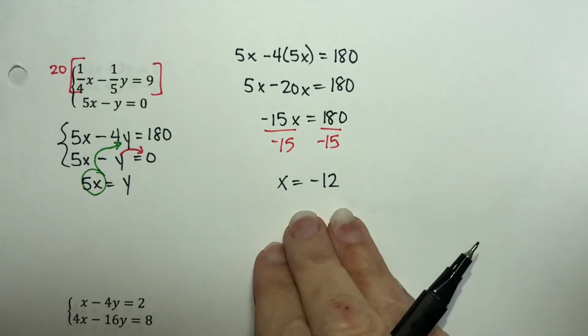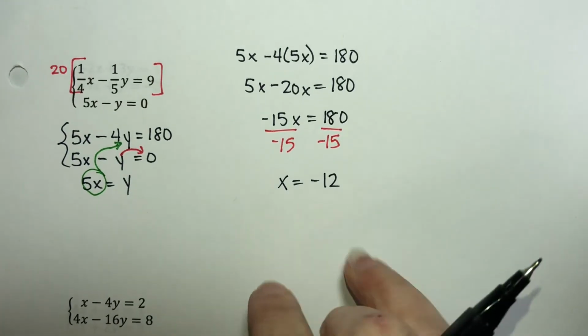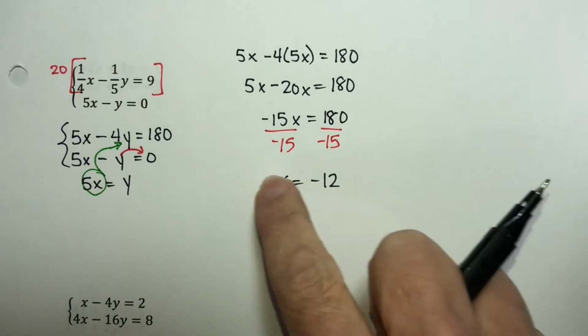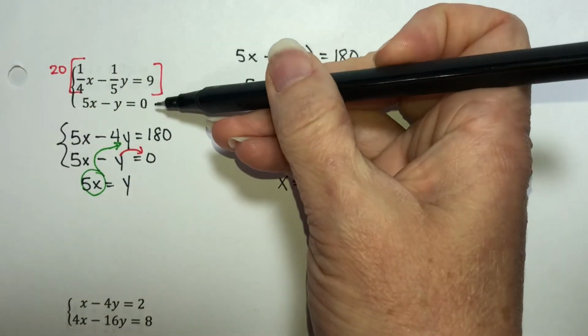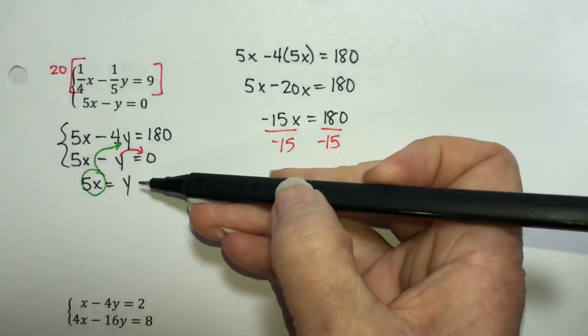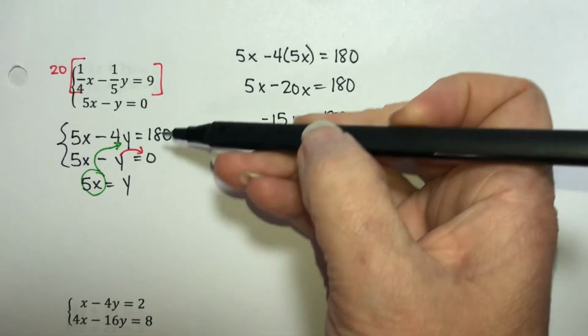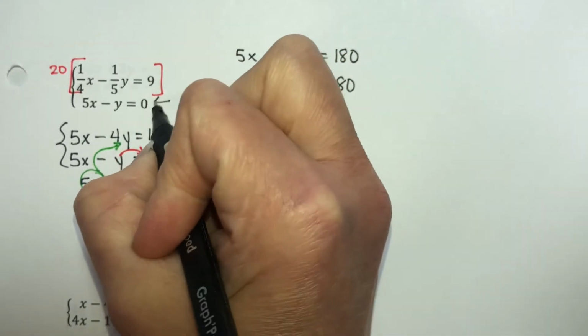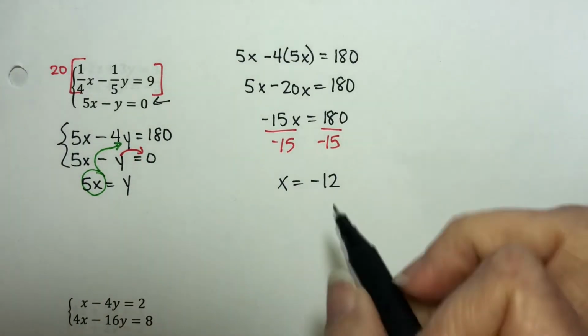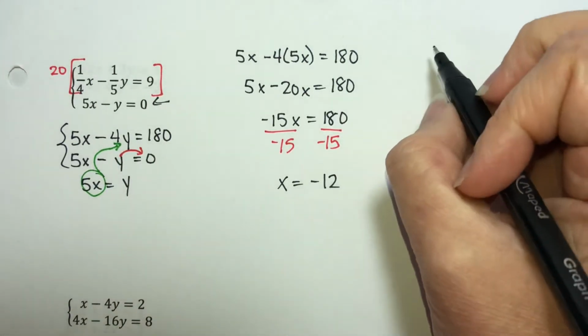So we know our x value, we still need our y value. I can take this and plug it in anywhere I have an x and a y. I could plug it in here, here, or even here or here if I'm really confident that I did this conversion correctly. I usually go back to one of the original ones. I'm going to plug it in right there.